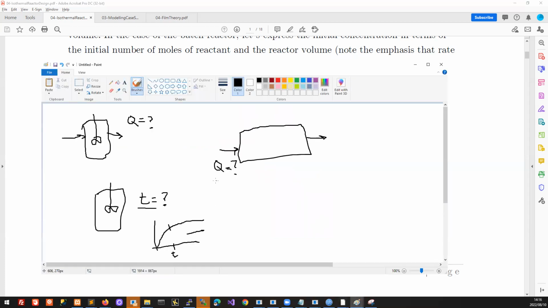Equivalently, we could say, well, what if I'm fixed in terms of my volumetric flow rate? So maybe my raw material is only available at a fixed Q. So what must my volume be in this PFR for me to achieve a certain X here? Or if it's a CSTR, same story. If that's my given flow rate, what must my volume be for me to achieve the conversion that I want?